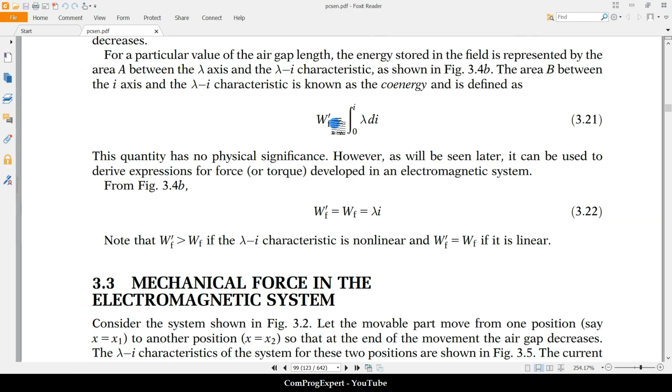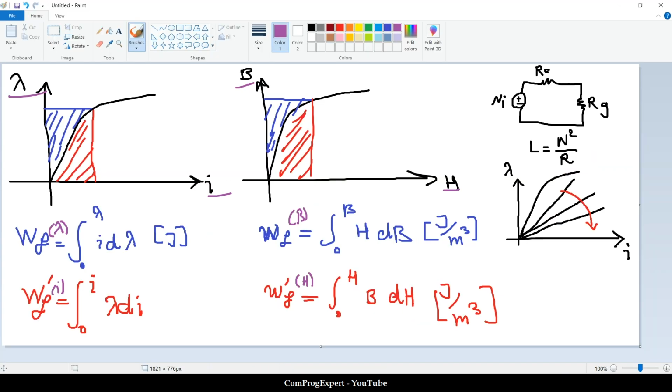So this quantity, co-energy, has no physical significance. However, as we will see later, it can be used to derive expressions for force or torque developed in an electromagnetic system. Finally, we have one important equation.